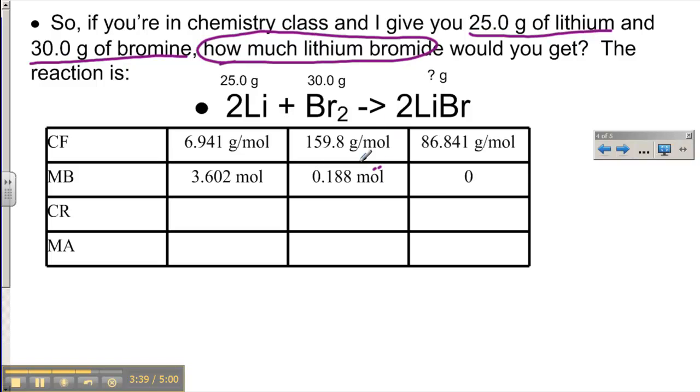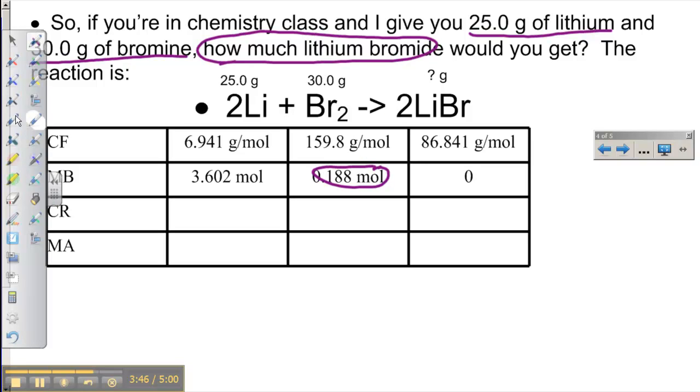Okay, so this is what we're going to use as our given. Okay, and we are going to base everything else on the smallest amount. Okay, so we're going to use this one to complete our problem. So what that means is that to do our fraction, we're going to put a 1 on the bottom of all our fractions because we are using bromine.